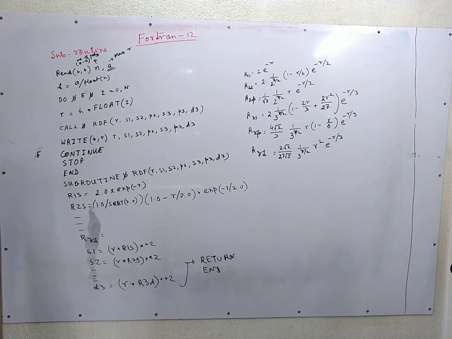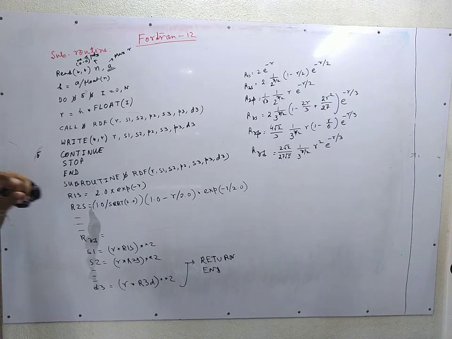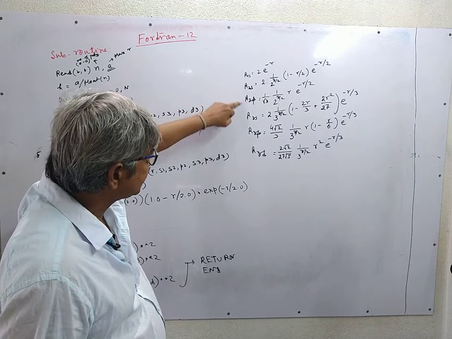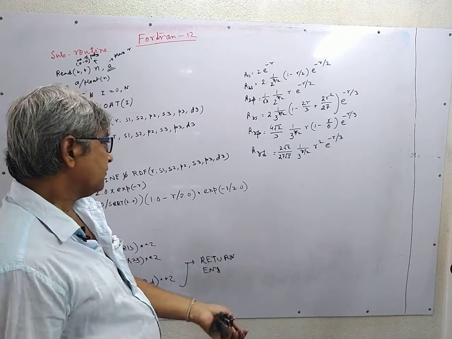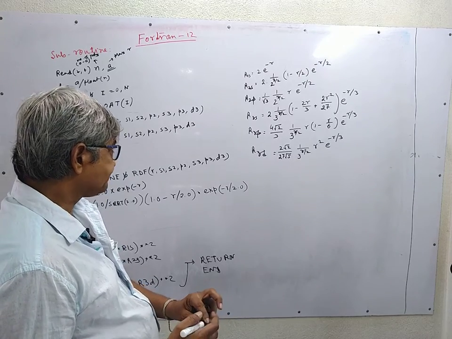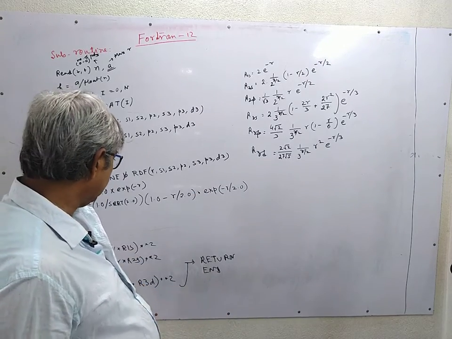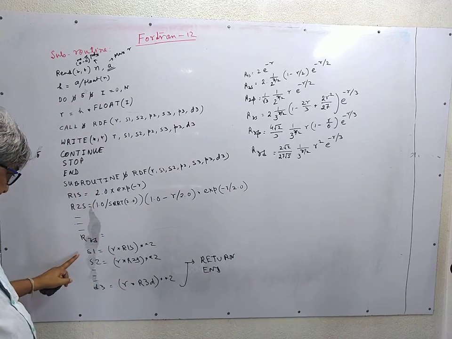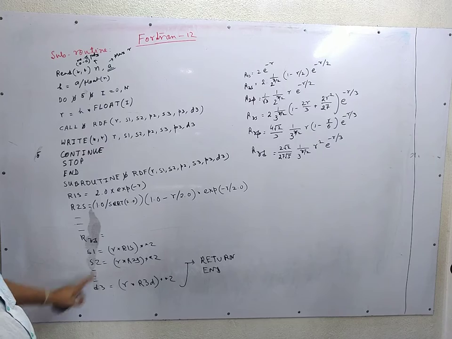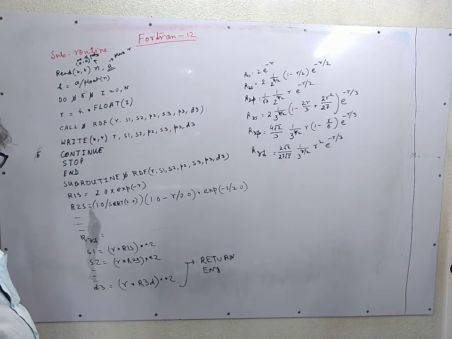So in this subroutine, R is supplied, then within the subroutine we have defined the radial functions for the first 6 states of hydrogen atom. Then we have defined the radial probability distribution as this. So these 6 are the outputs and this is the program.